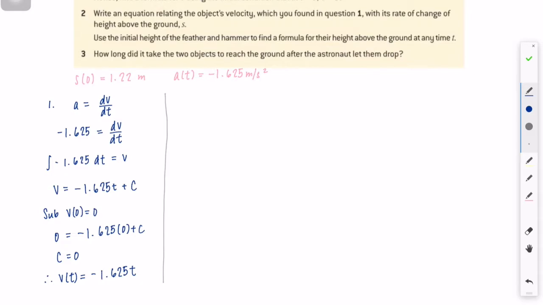So similar to what we did in part 1, we can say that velocity is the derivative of the position function s. So here I have negative 1.625 t equals ds by dt.